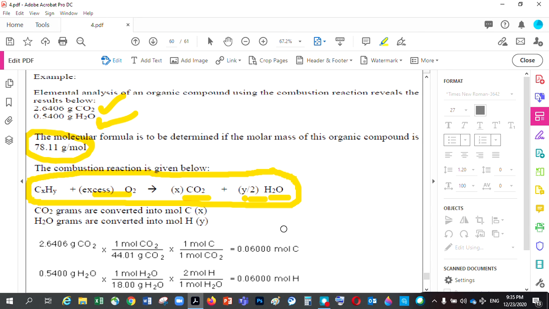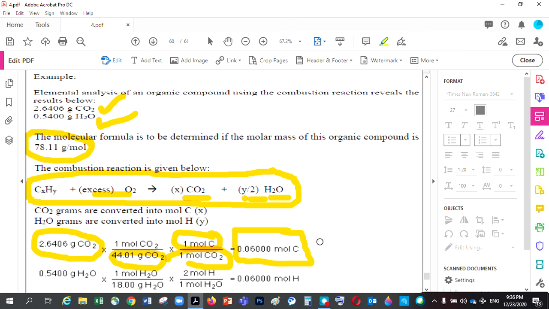Then you have to convert the grams of CO2 into carbon and the grams of H2O into hydrogen. So let's do that. 2.640 grams CO2 divided by the molar mass of CO2, and I have 1 mole of carbon to 1 mole of CO2. So I get 0.0600 mole of carbon.